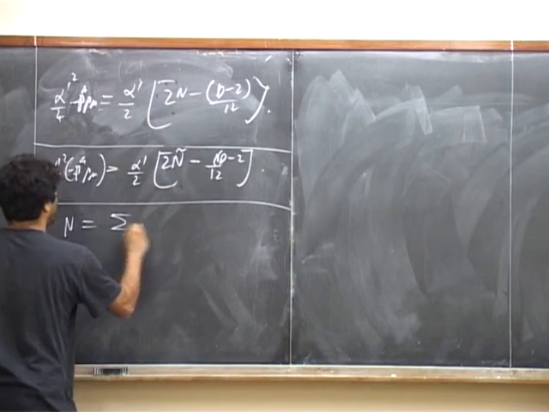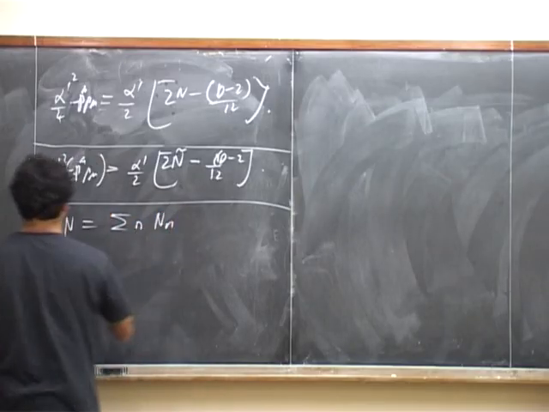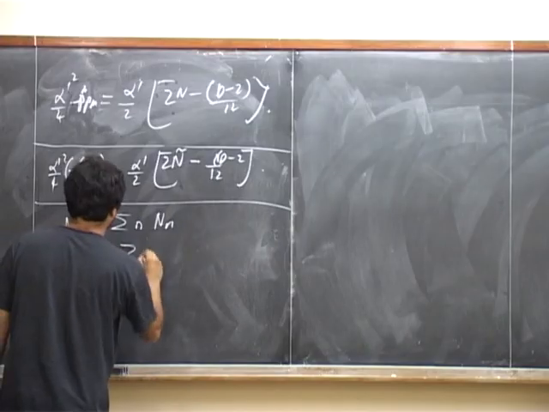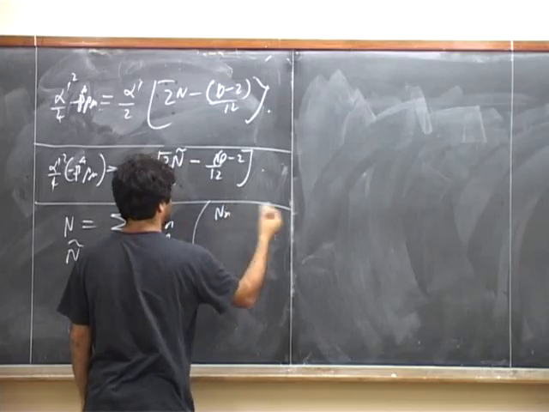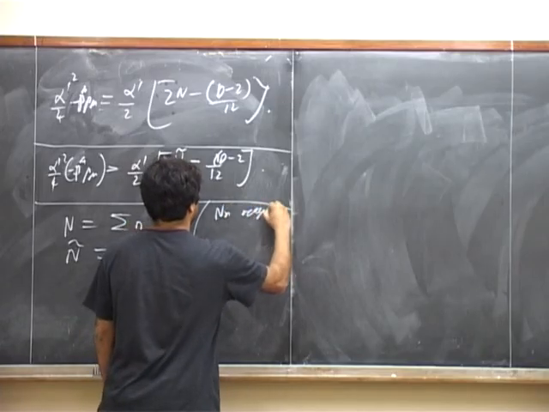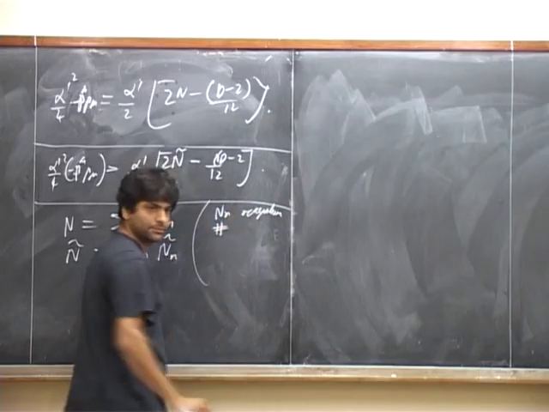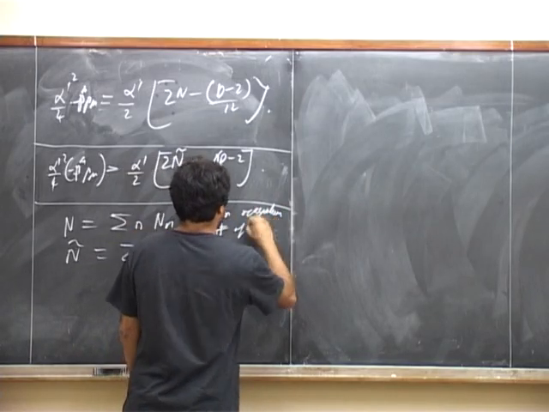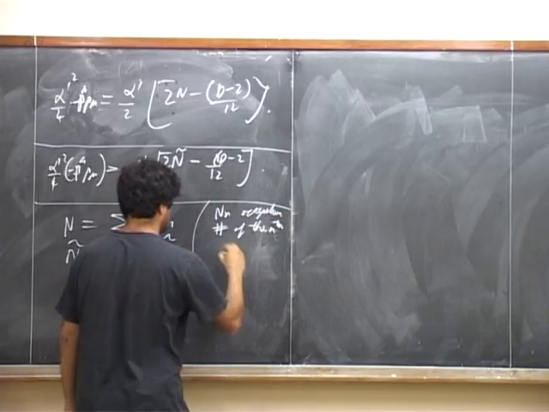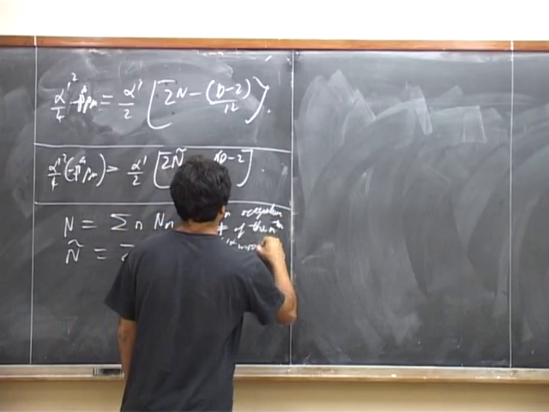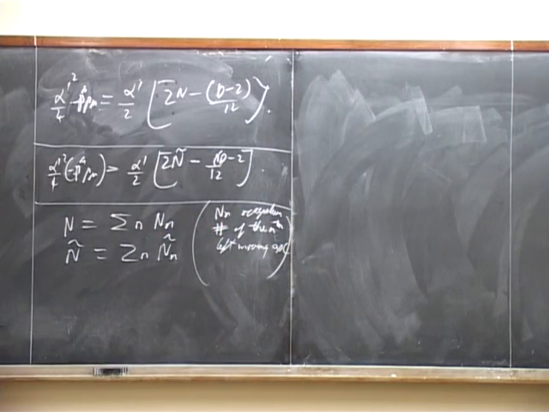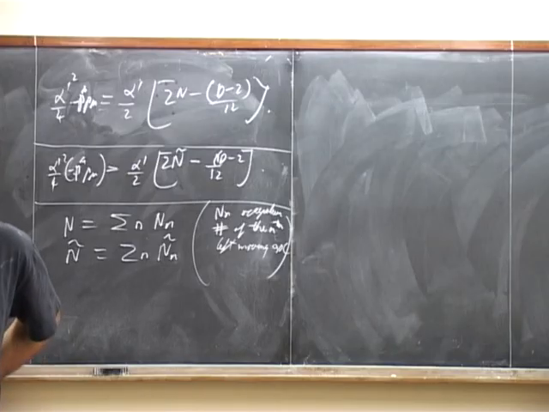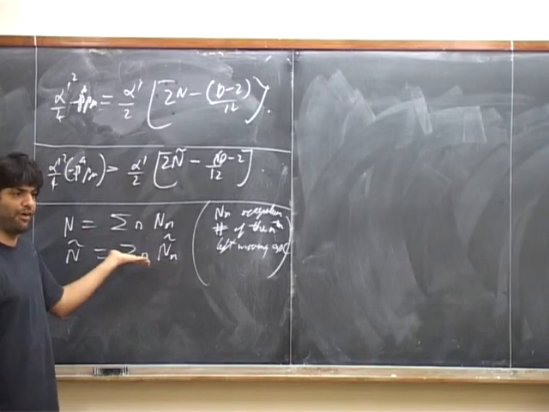N is equal to the sum over n of n times N_n, and n tilde is equal to the sum over n of n times n tilde_n, where N_n is the occupation number of the nth left moving oscillator. Similarly, n tilde_n is the occupation number of the nth right moving oscillator.